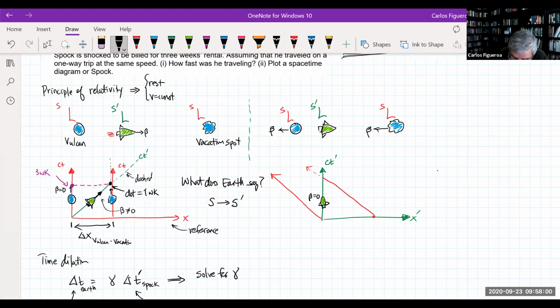And when I look at the other locations, what I'm seeing is that these guys are moving, not only through space, but also through time. And this picture's totally legit.